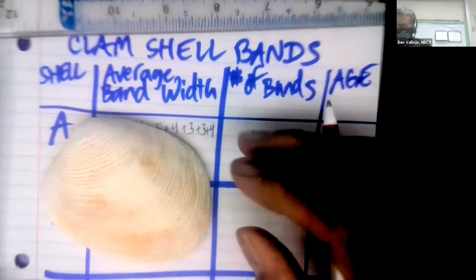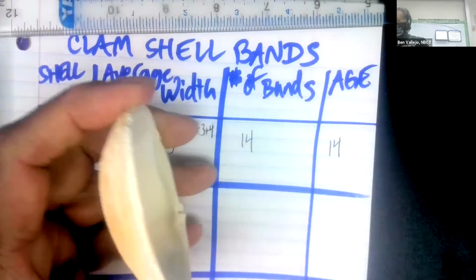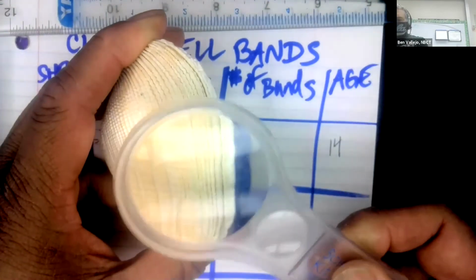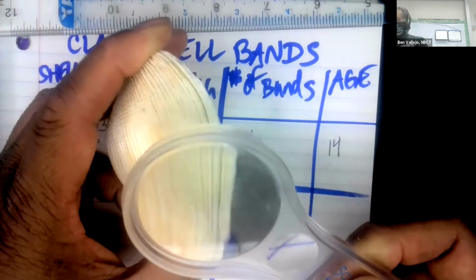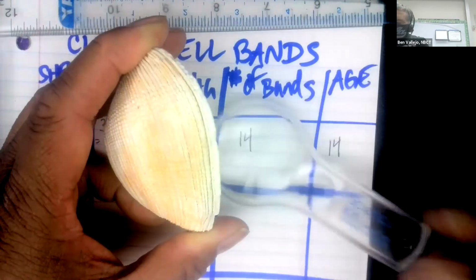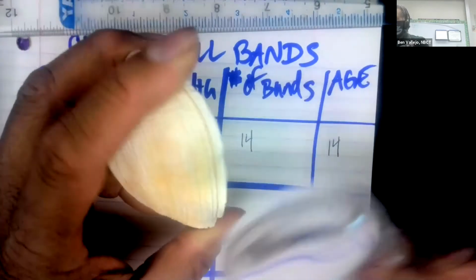And I should have got some glasses because it's hard to see. And you can see it there through the magnifying glass. Not that easy, but you can see that this is a band right here, from here to here. That's one.